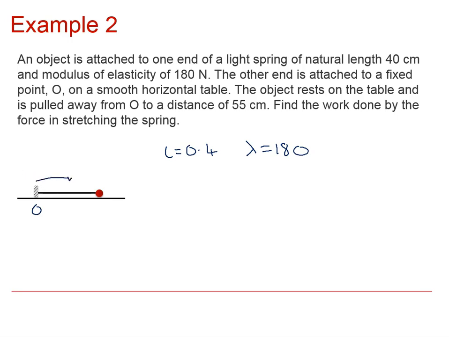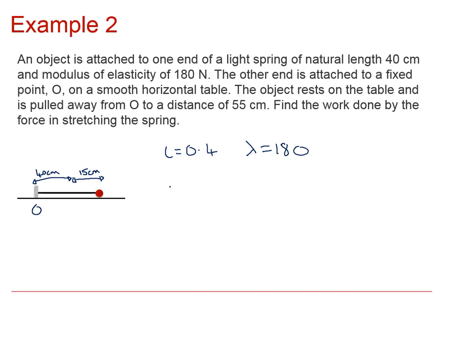So we know that the natural length of the spring is 40 centimeters, and it's been extended to 55, so our extension is 15 centimeters. It's a smooth table, which means we don't have any friction. In later videos, we will be looking at what happens when we have friction as well. So we're trying to find the work done.